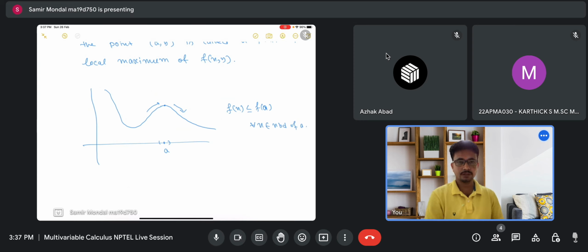So at this point your function f has a local maximum. But f of a is not the highest value of f, because you can observe that this other point is the highest value over the domain. Suppose this is your full domain, D.